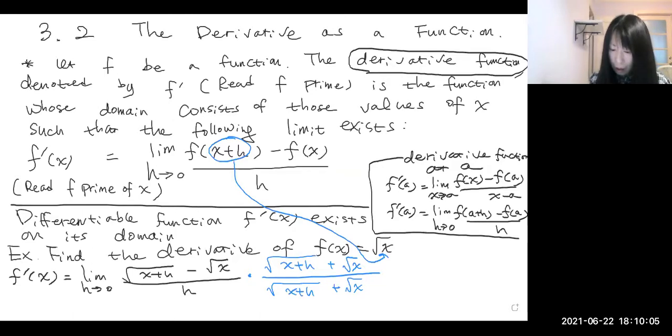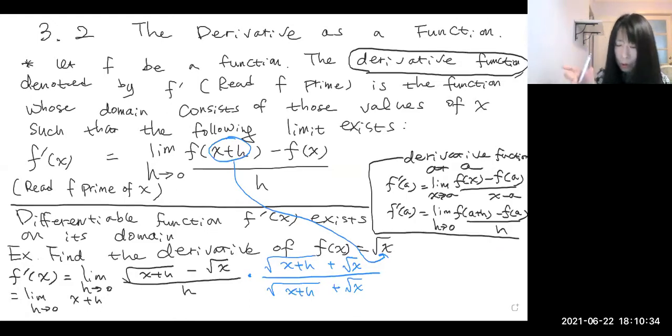Right? Now, okay, so we have a minus b times a plus b, which is a squared minus b squared, right? So that is x plus h, because we square them, we get the x plus h.